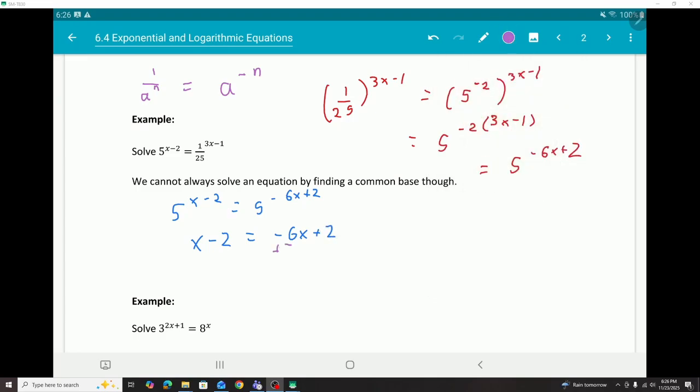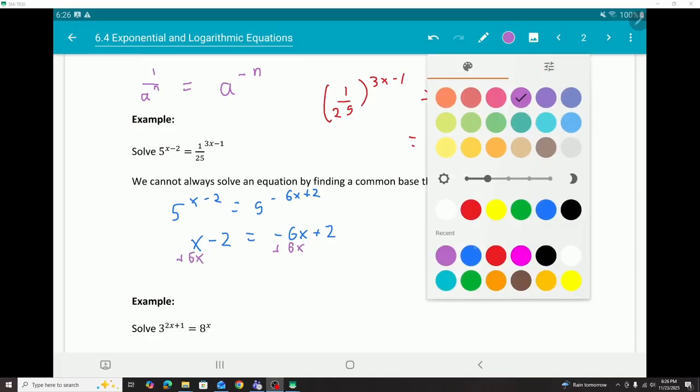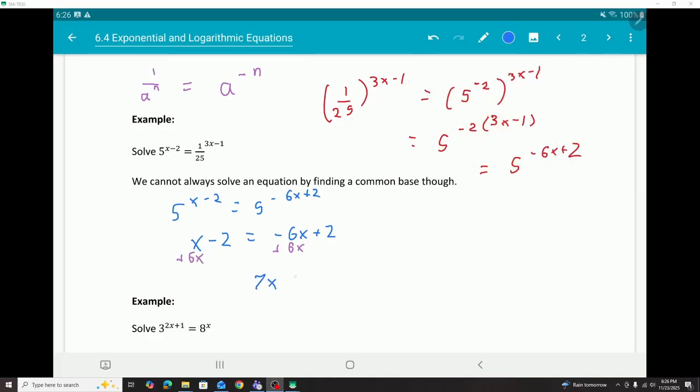No clean way to do this where we're not going to have to divide, so I'm going to add 6x to both sides. 7x minus 2 equals 2. Add 2 to both sides, 7x equals 4. x equals 4 over 7.